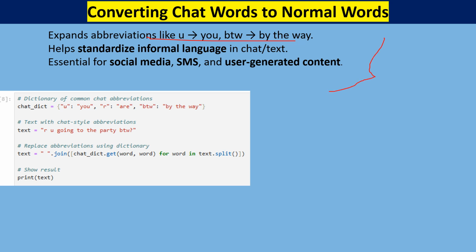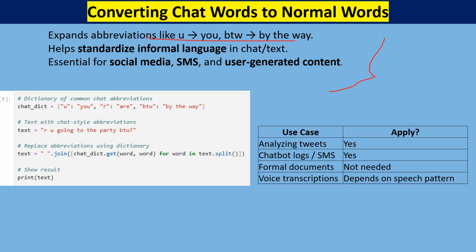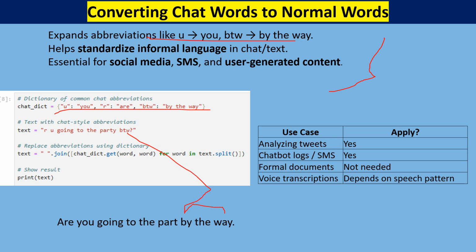Why does this matter? It improves accuracy in sentiment analysis, intent detection, and text classification, reduces semantic ambiguity, and increases vocabulary consistency. So, btw becomes by the way, u becomes you, and r becomes are.